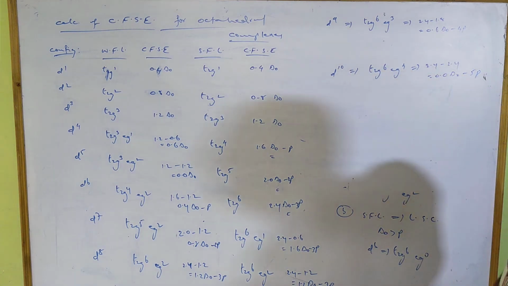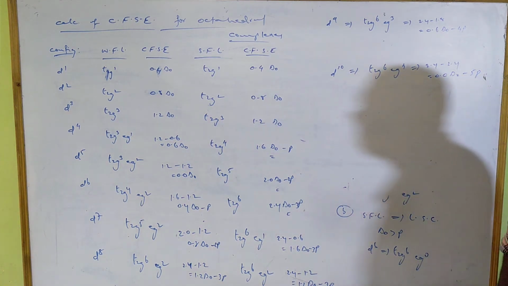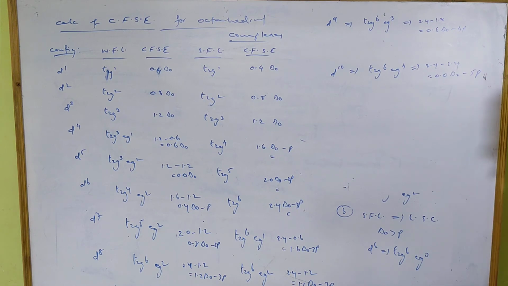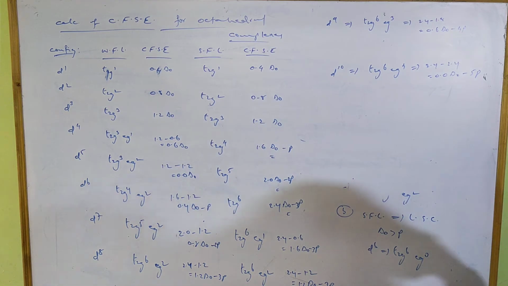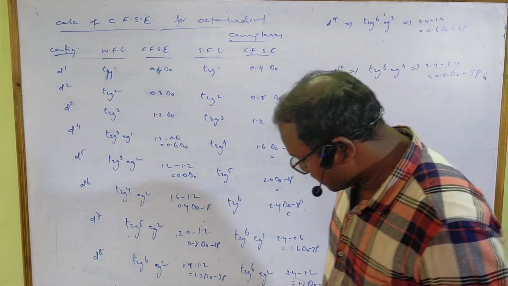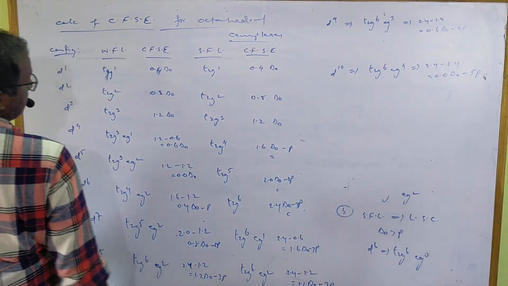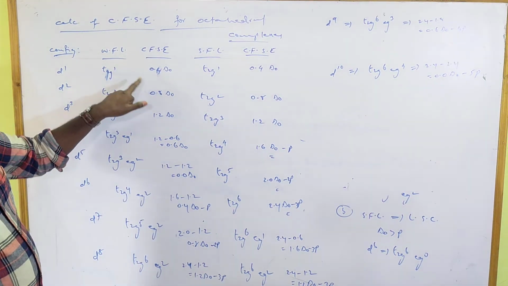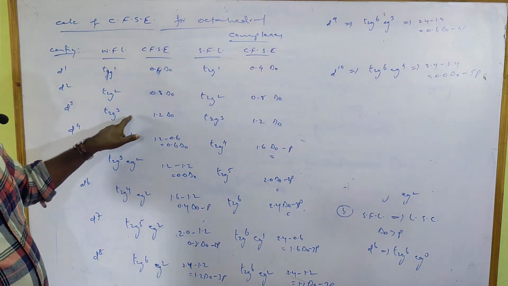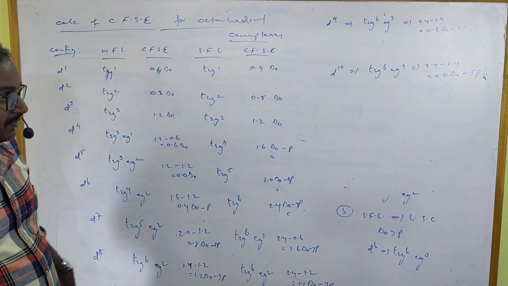So like this, the crystal field stabilization energy can be calculated for different complexes based on their ligand strength. Once again I am saying, for d1, d2, d3, weak field ligand and strong field ligand have the same configuration.